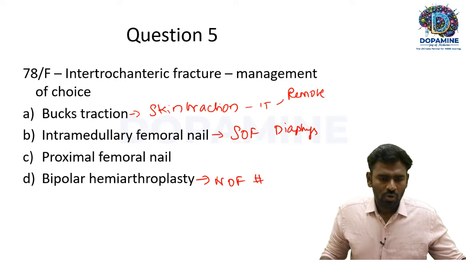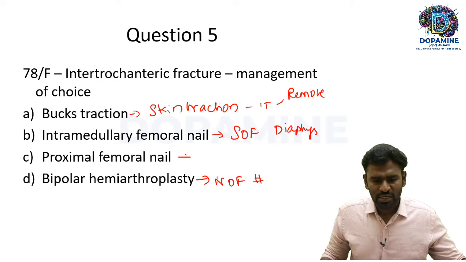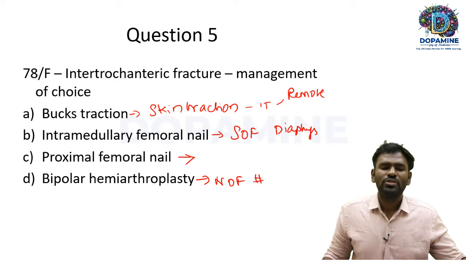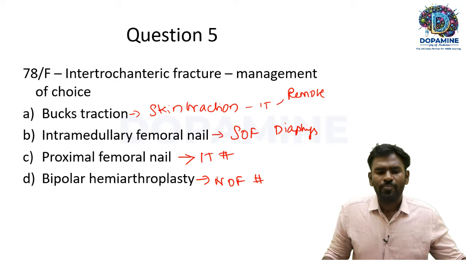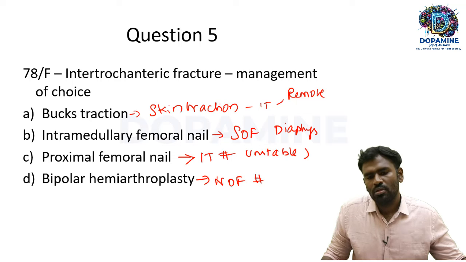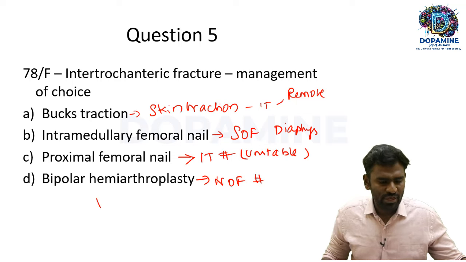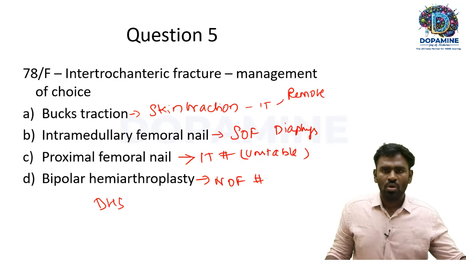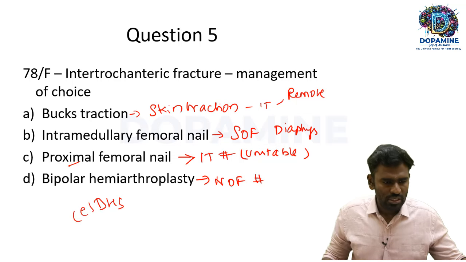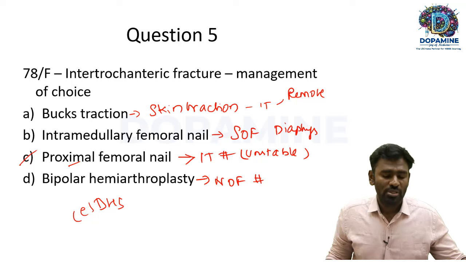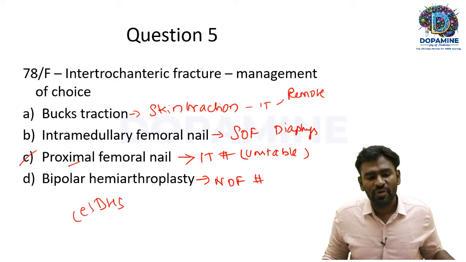Okay. For intertrochanteric fracture, always go for a proximal femoral nail. Okay. Unstable fracture. Suppose they have given the option as DHS, which one would you go for, DHS or proximal femoral nail? Still, we have to go for PFN, proximal femoral nail.